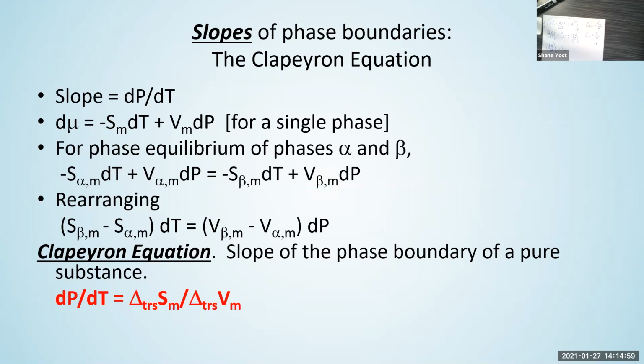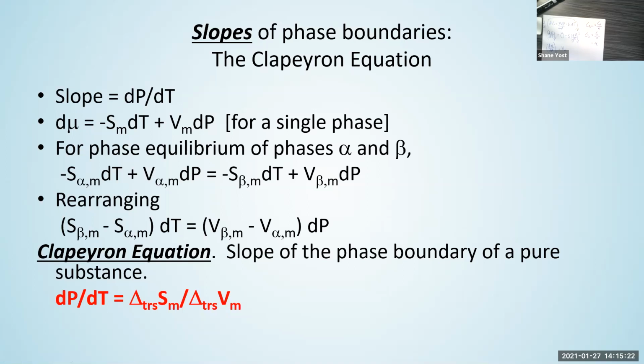So there's some change, but it's very small. And because that change in volume is so small, that causes a steep slope, because we're dividing by a very small number. That's what causes the slope between solid and liquid phases to be so steep.